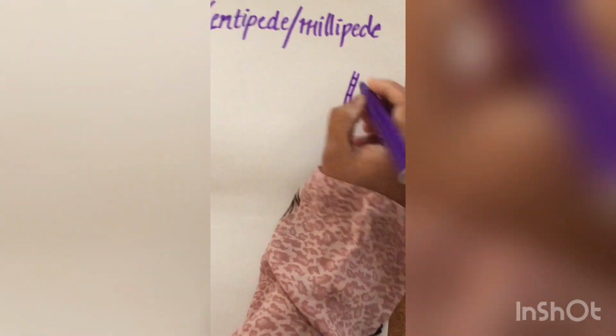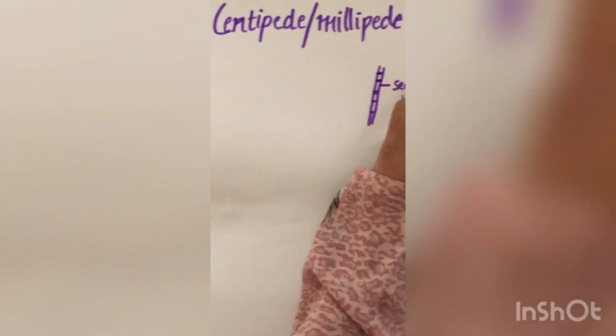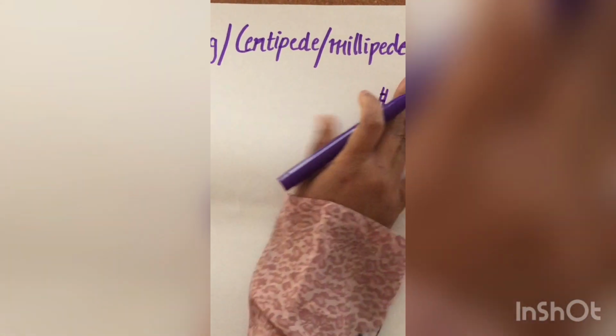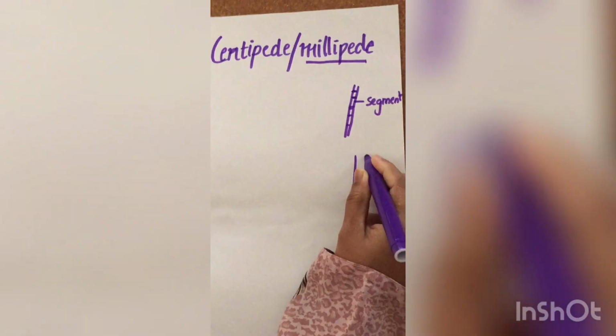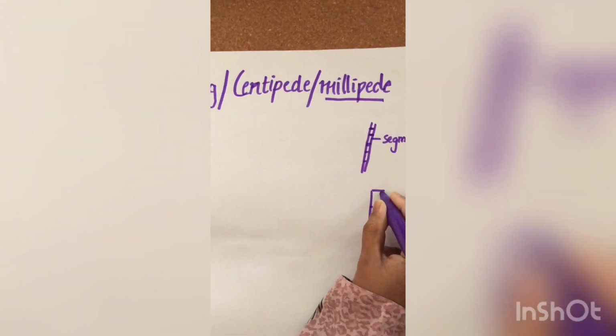Okay, so each part of their body is called a segment. And on each part of this body, the millipede, for example, this is the segmented body, this is one segment.